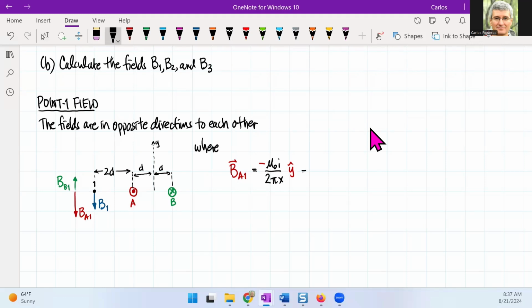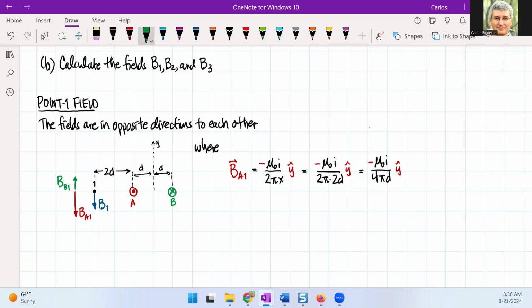So when I write this out, it has to be μ₀I over 2π(2d). Again, I get this direction right here. And so finally, I get a value of μ₀I over 4πd, and that's going to be the direction of the magnetic field and its strength.